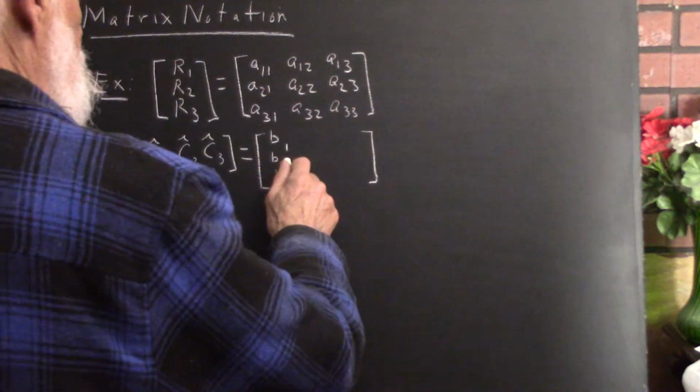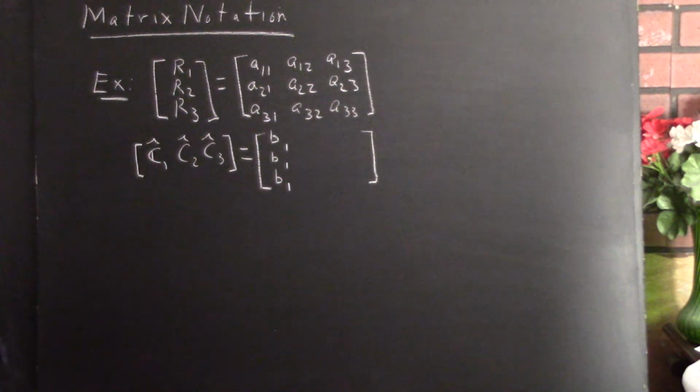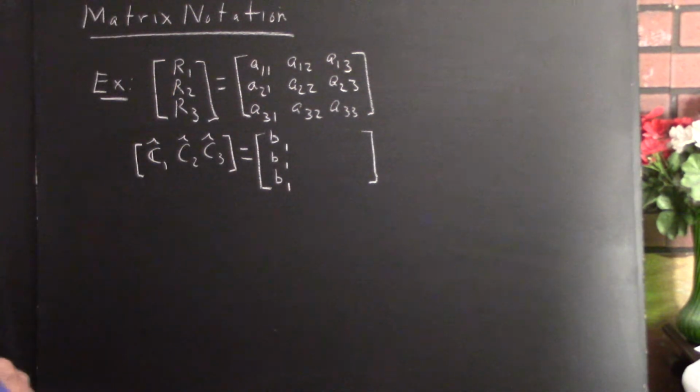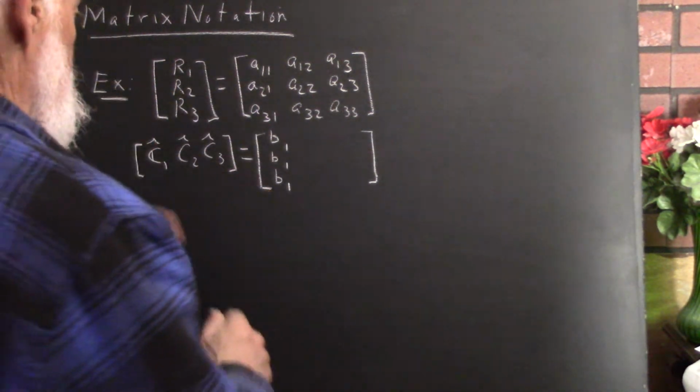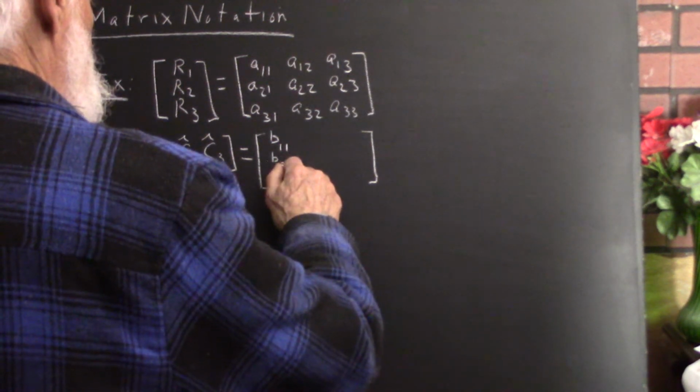And of course we're going to have to number the different elements of the column with the number of the row.